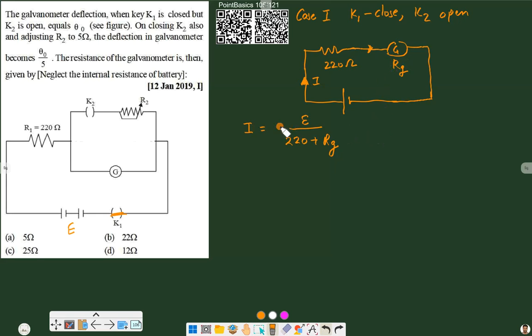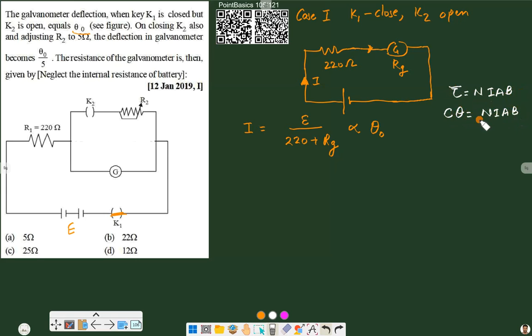So we can say this value of I is proportional to theta naught, as mentioned, when the deflection is equal to theta naught. And why do we write this proportionality? Because from the formula of torque, we know that torque in a galvanometer is equal to NIAB, with sine 90 assumed here, and torque is equal to C theta.